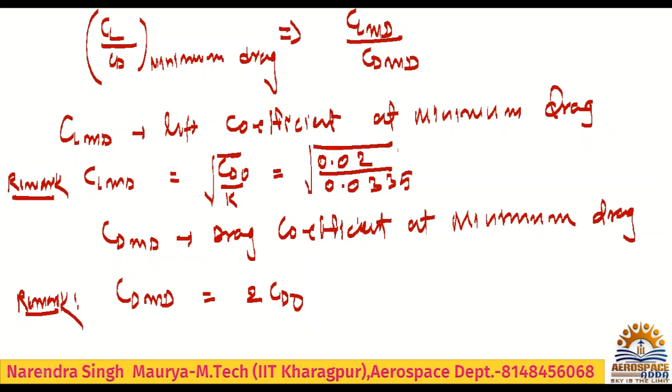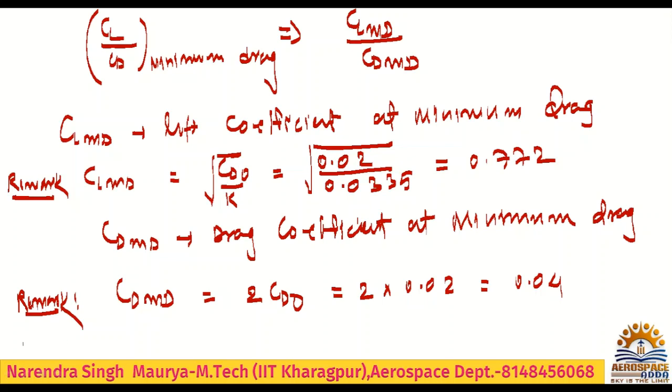Okay, so you will write 0.02 divided by this value. It is 0.772. What is the 2 CD naught? It is 2 into CD naught 0.02. How much? 0.04. Yes or no? This is the 2 CD naught. That is the CDMD.